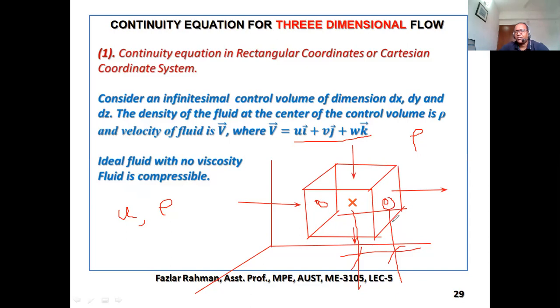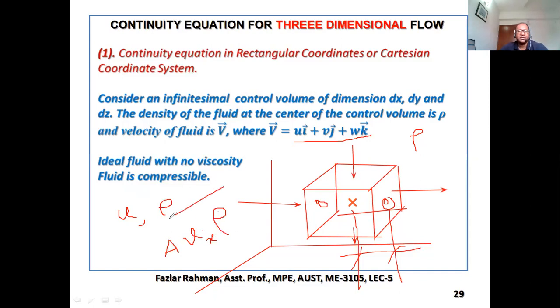And we know the outlet area: you multiply dy by dz and you get the area. You know the area, you know the velocity along the x-axis, and then you multiply by the density.